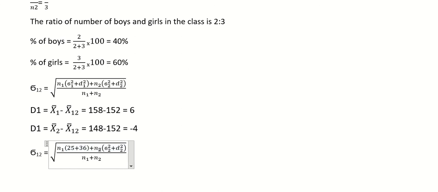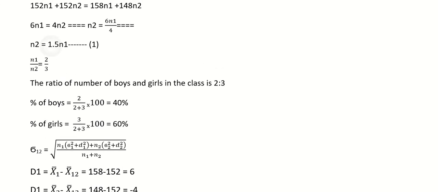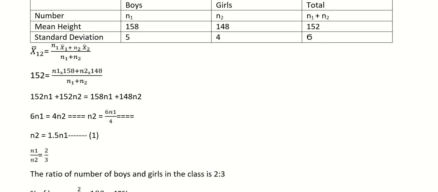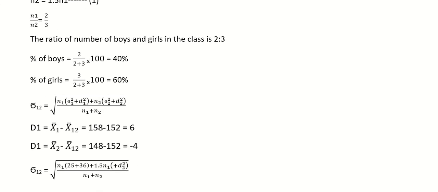N2 is not given to us. But what we can do is, in place of N2, we can apply 1.5 N1, which we calculated earlier. So I'm just applying 1.5 N1 here in place of N2. And standard deviation 2 is given to us, that is 4. So 4 4s are 16.